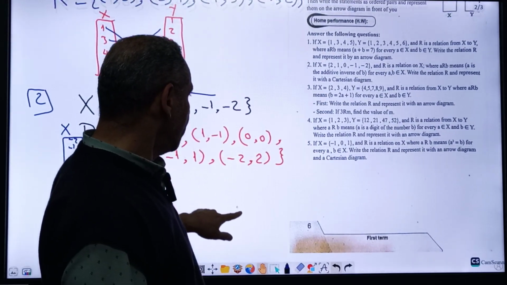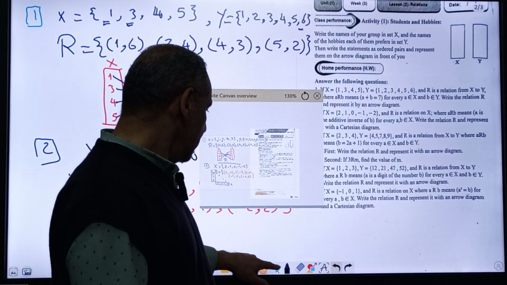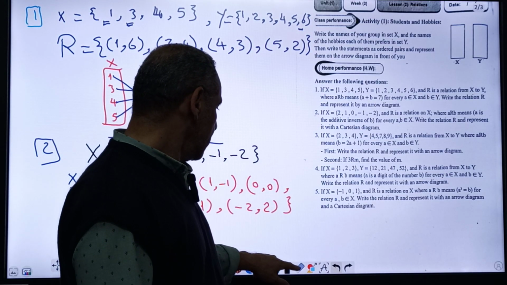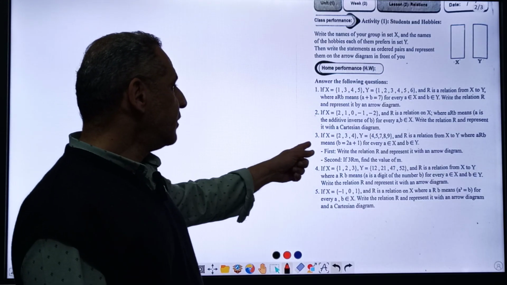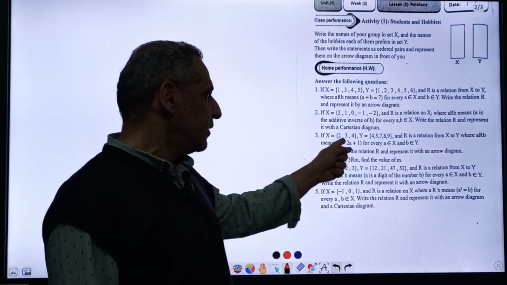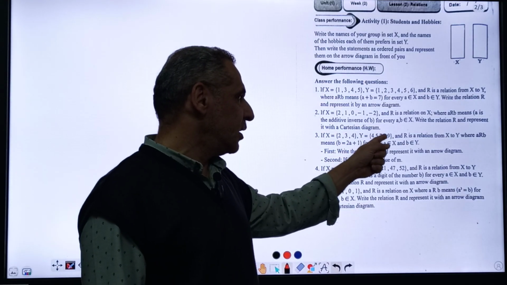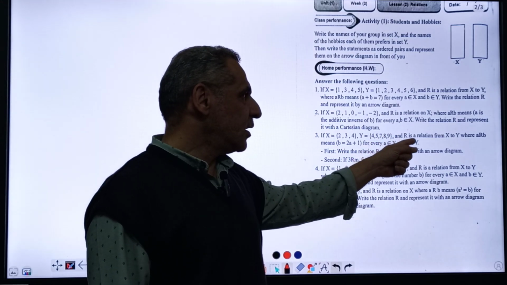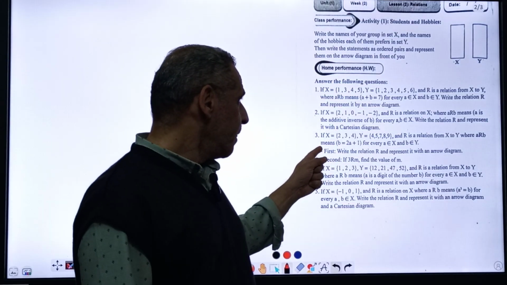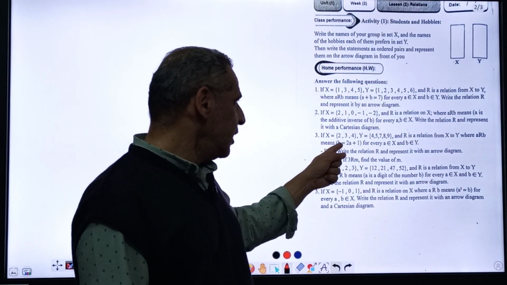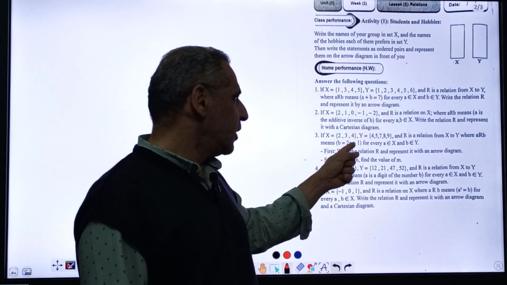Now question number 3. If X is the set of elements 2, 3 and 4, Y is the set of elements 4, 5, 7, 8 and 9, and R is a relation from X to Y, where a R b means b equals 2 multiplied by a plus 1.